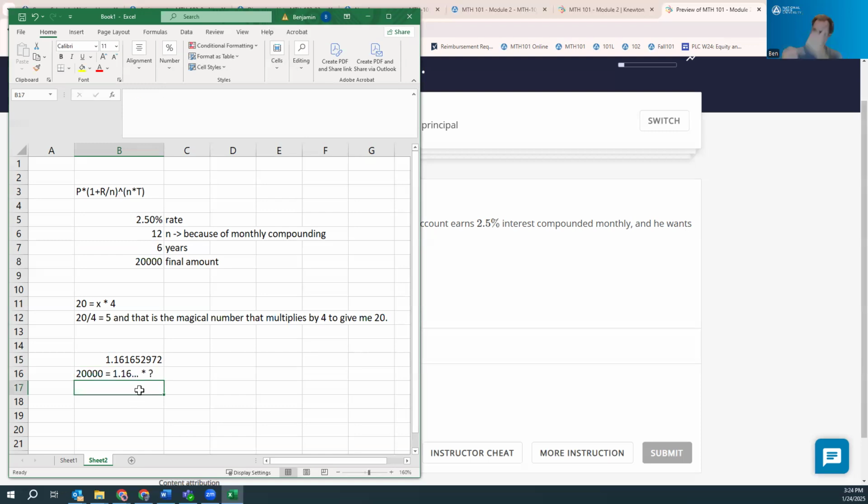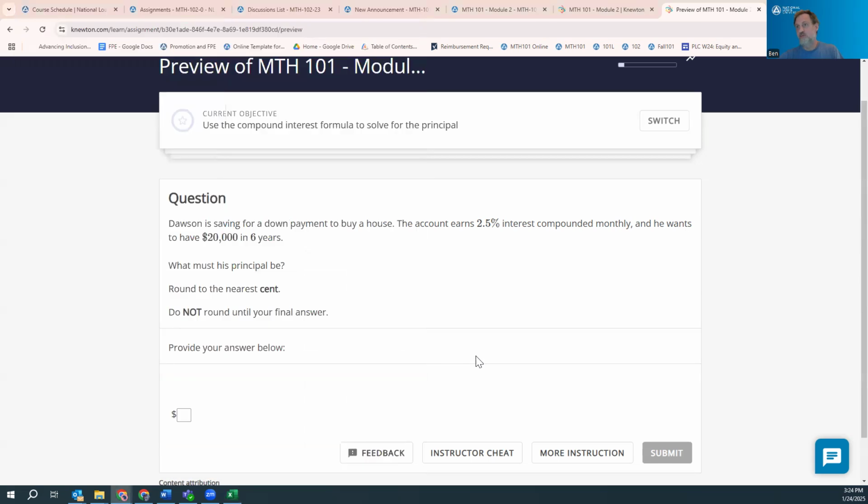And again, using kind of reverse logic, if 1.16 times this number is equal to 20,000, then all I need to do is answer the question, what is 20,000 divided by this number? And this is a good answer in several ways. It makes sense for me because it's less, so it's growing to 20,000, which is what I expected it to be. Let's double check to the nearest cent.